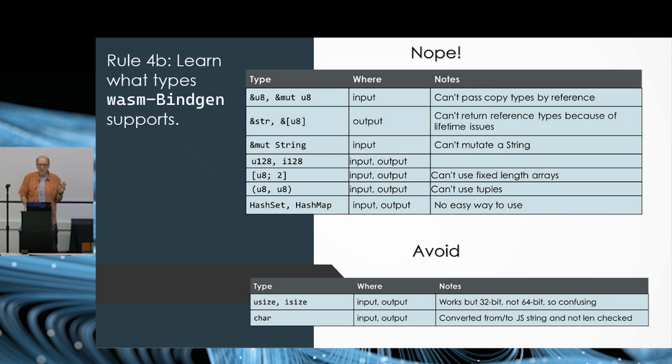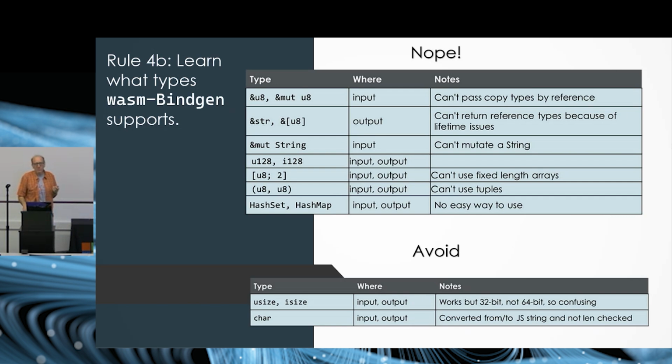You can't pass a string mutated and then have the caller get it back. But you can pass a non-mutatable string, do whatever you want to it, and then just pass it back as the result. So you can get around any problems. No 128-bit integers. You can't have fixed length arrays, and you can't have tuples, but we already saw you can have vectors. So that's a fine workaround.